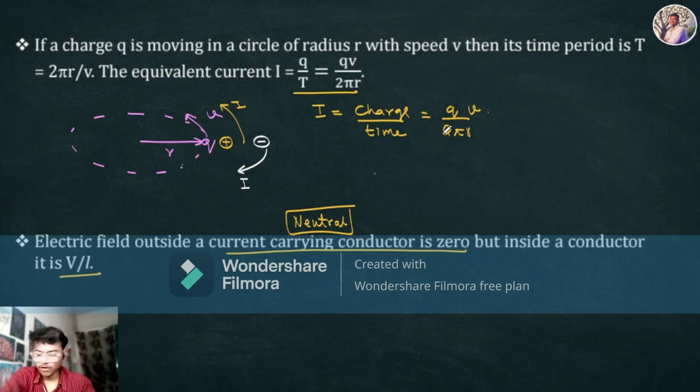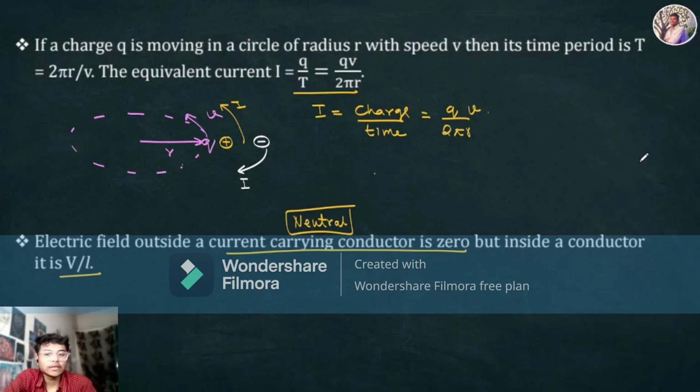Now we are discussing some properties of current. If a charge is moving in a circular motion of radius r and speed v, the time period is equal to 2 pi r by v. So the current we get is q divided by t, and t is 2 pi r upon v.